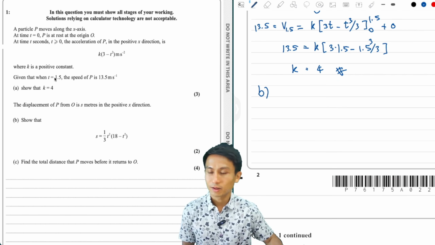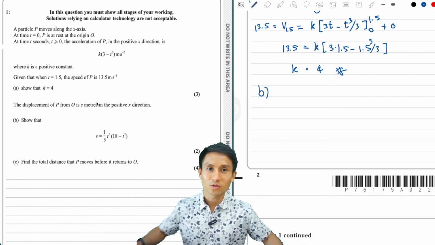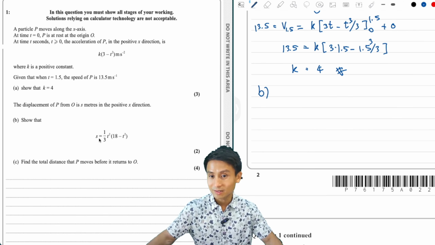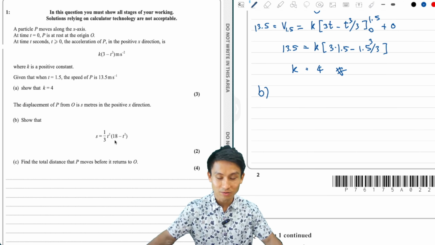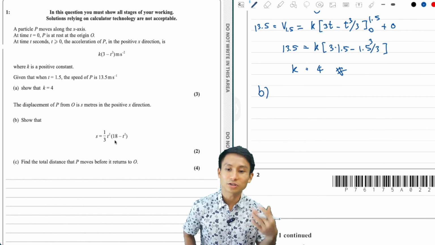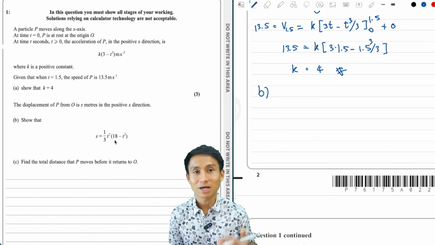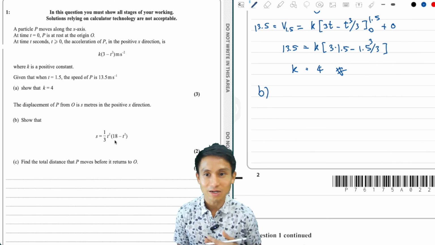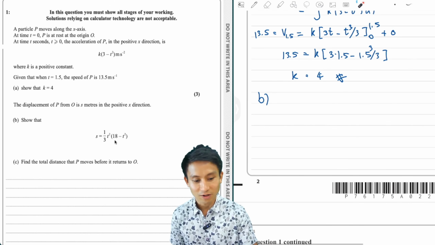Part B. The displacement of P from O is s meters in the positive x direction. Show that that displacement is given by that expression. So we are basically finding the displacement function, and that is done by integrating the velocity function, which is basically this.